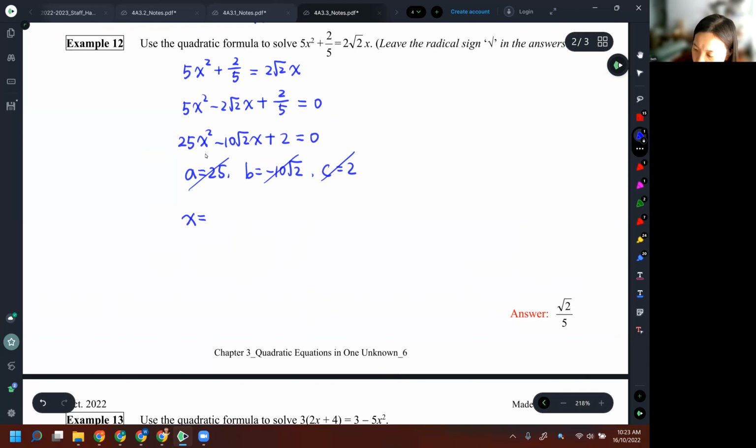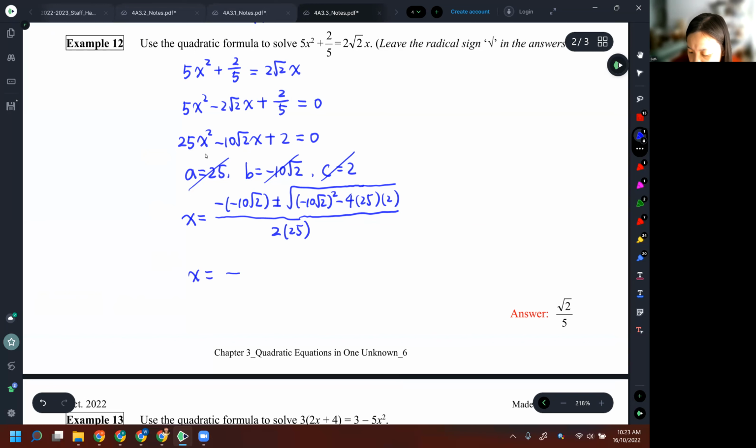So X equals negative B plus or minus the square root of B squared minus 4AC, divided by 2A.